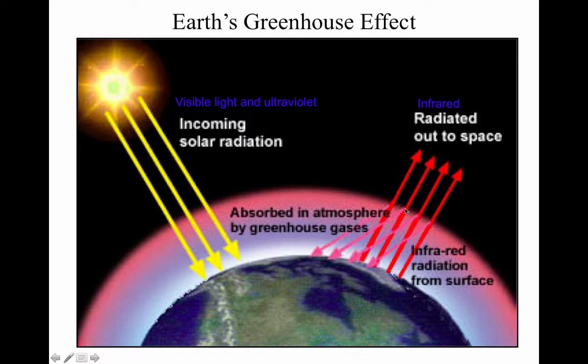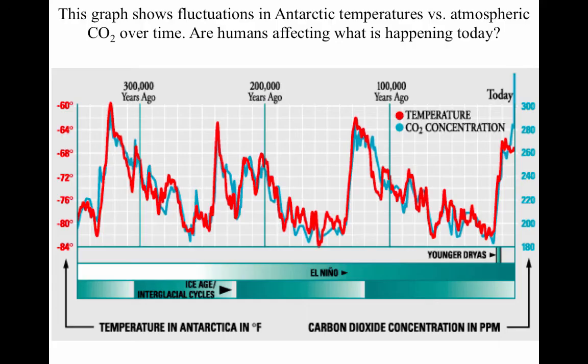Some of it does go directly back out into space. Other infrared light bounces around between the greenhouse gases in the atmosphere before it eventually finds its way out. And for the most part, every day it's an equal amount of energy coming onto the planet as there is leaving it. But even with global warming, it's just a very tiny fraction that the Earth is absorbing more than it's re-releasing.